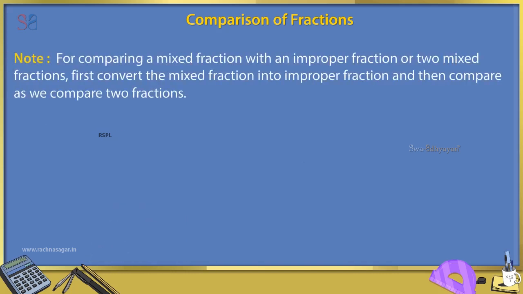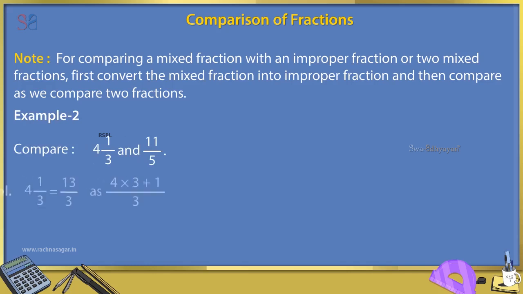Note: for comparing a mixed fraction with an improper fraction or two mixed fractions, first convert the mixed fraction into an improper fraction and then compare as we compare two fractions. Example 2. Compare 4 and 1/3 and 11/5. Solution: 4 and 1/3 is equal to 13/3, as (4 into 3 plus 1)/3.